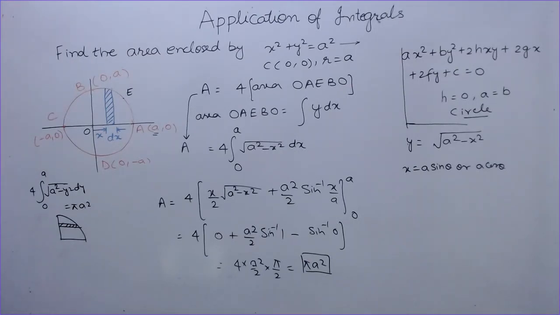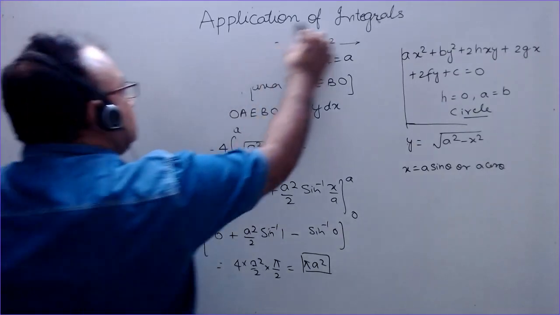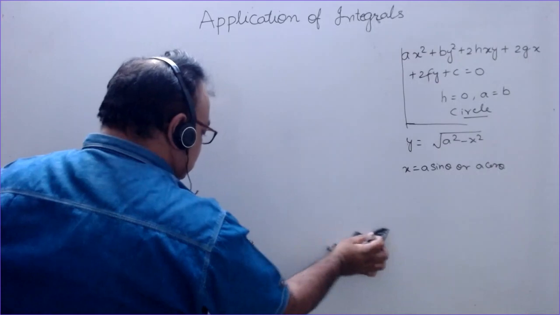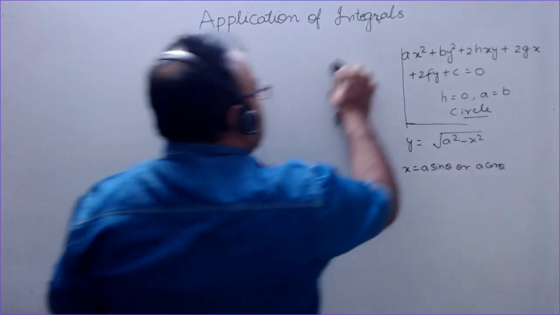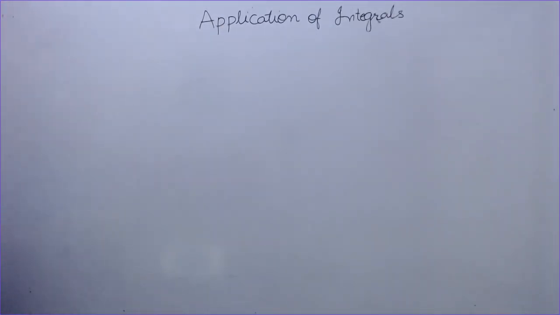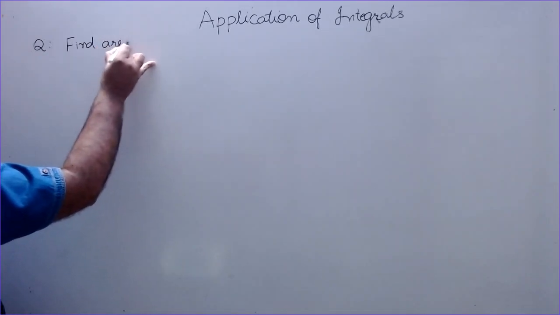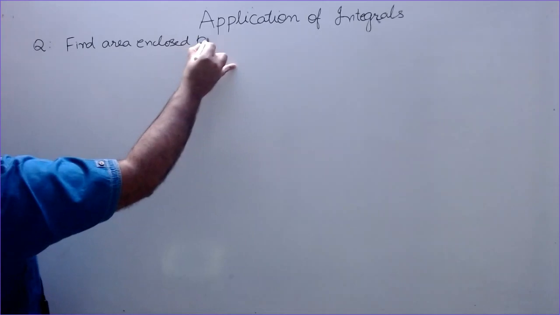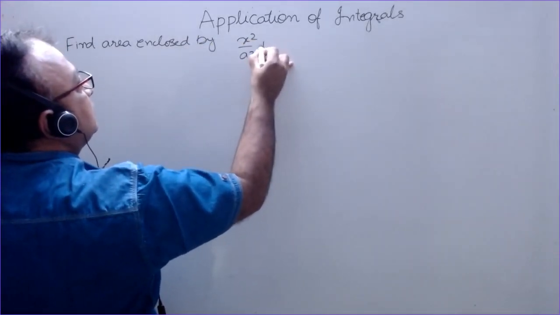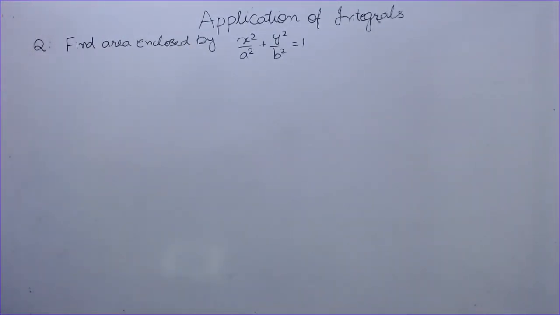Now next, we have to find the area enclosed by an ellipse. Obviously this is an ellipse where the major axis is equal to 2a and the minor axis is equal to 2b, and the center is 0, 0.